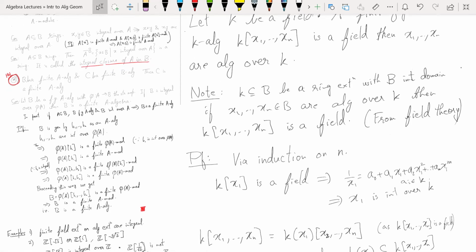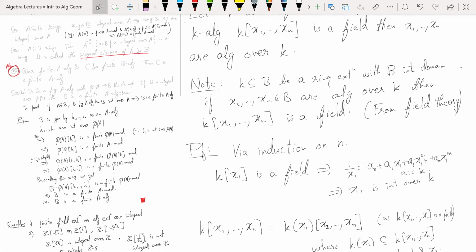Now for the general case, let's assume it is true for n minus 1 elements adjoined to any field. You look at K[x1, ..., xn]. This is a field. In particular, it contains the field K(x1)[x2, ..., xn]. This is because the left-hand side is a field, so all of K(x1) is contained in there, and then you can take polynomial functions in x2 to xn.